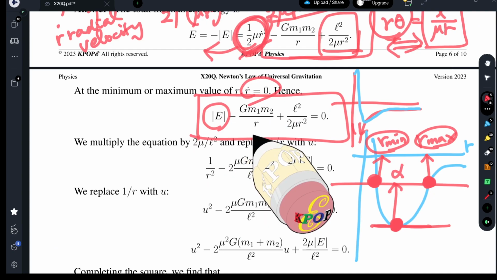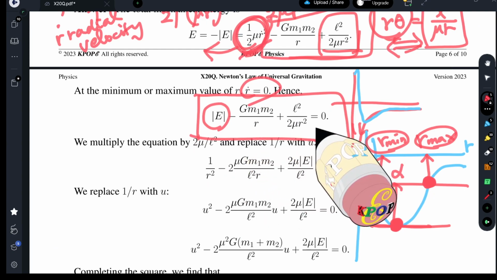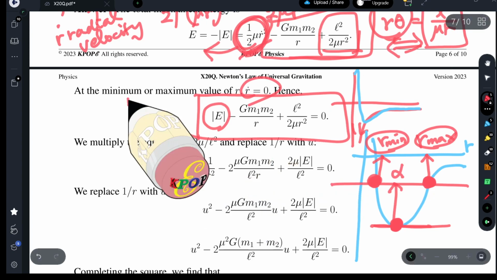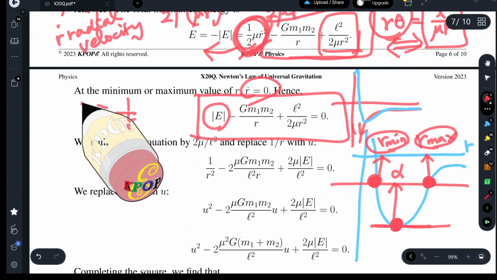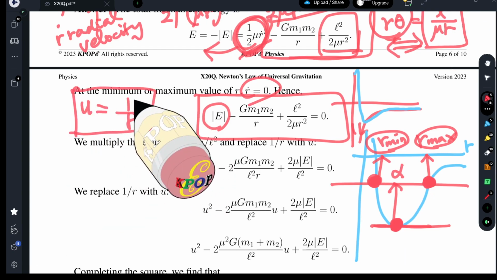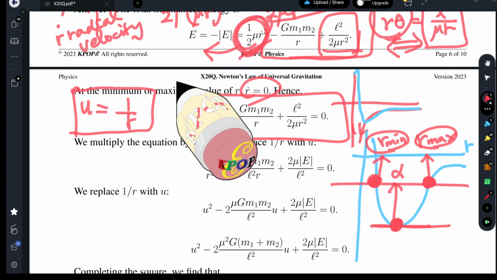Everything is constant except for the radius. And you will find this is a quadratic equation in 1 over r. For simplicity, we define u as the reciprocal of the radius, the magnitude of the relative coordinate vector r.